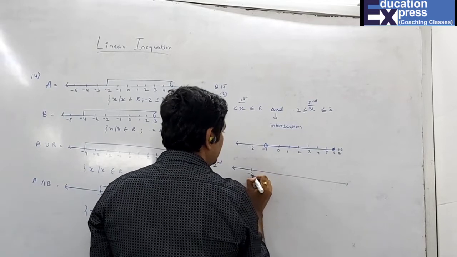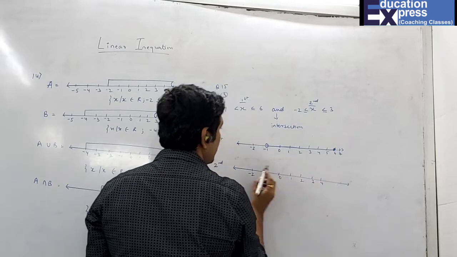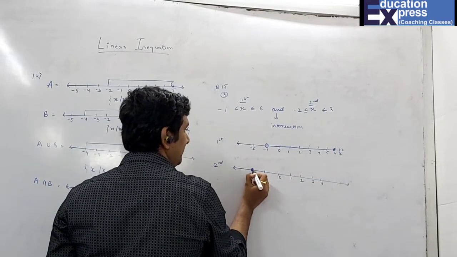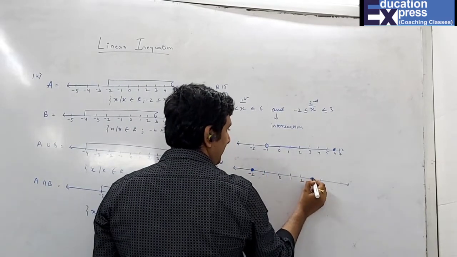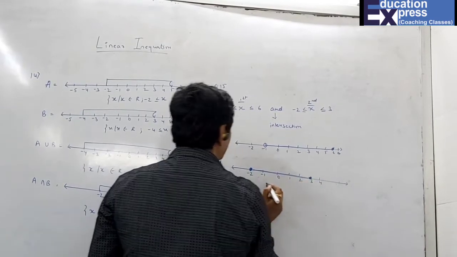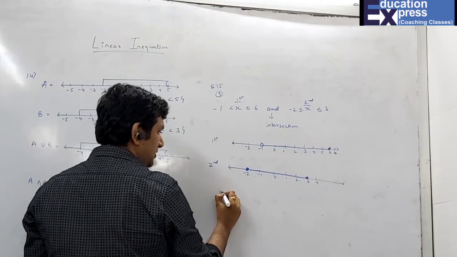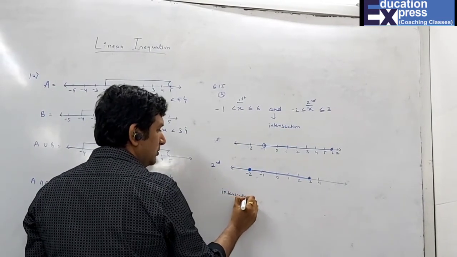from -2, -2 is included, 3 also is included. As I have told you, students, 'and' means intersection. So the intersection will be the one which is common in both.